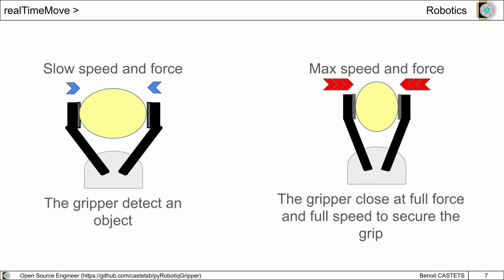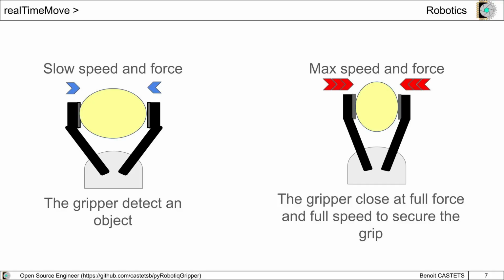There is another feature here. This is the secure grip. Actually, when we make small motions, where we ask for a position request close to the current position, the gripper will move very slowly to ensure a very smooth motion. But if at this speed you catch an object, the gripping force will be very low.